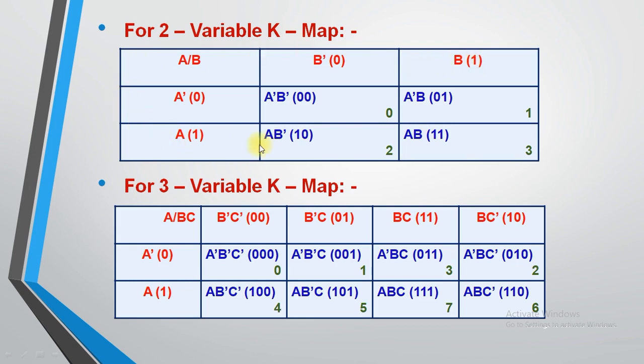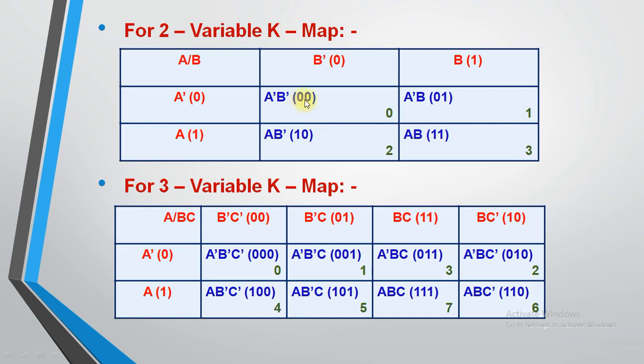So this is a 2 variable K-map. Whatever content you have produced using the truth table in the form of tables is represented using the K-map. For a 2 variable K-map, suppose the variables are x and y, then you write x dash y dash, x dash y, x y dash, and x y.